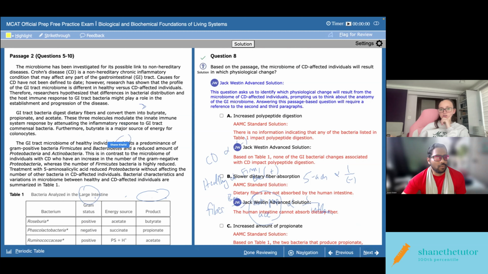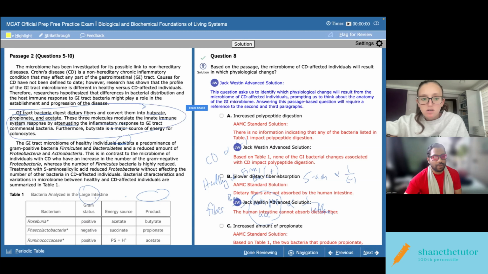So what the bacteria does is they digest fibers, convert them into these three things, which modulate the immune system by attenuating, which means weakening, the inflammatory response, right? So right away, I know that that's what we're doing.